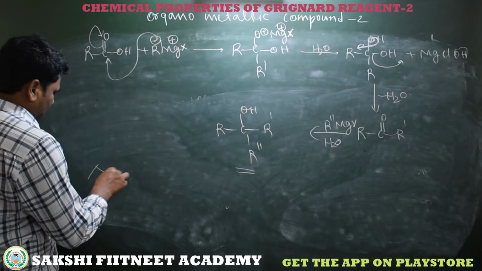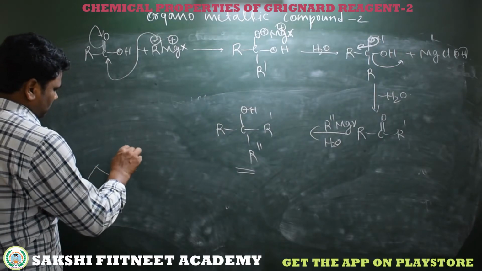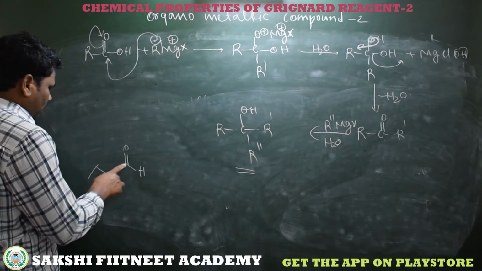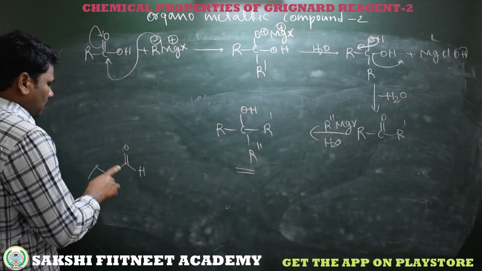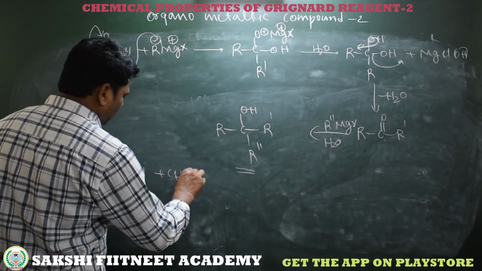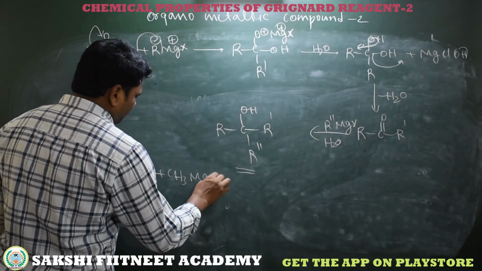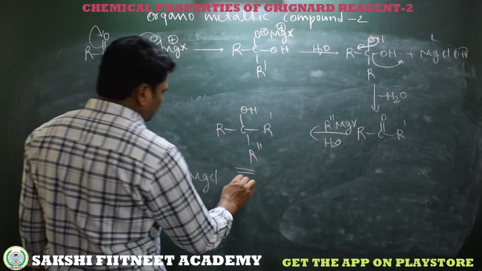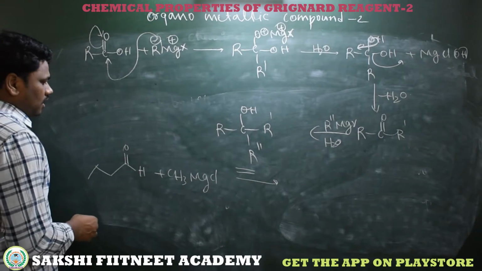Here I am taking this aldehyde, 1, 2, 3, 4. So it's butanal, that is butanal with this Grignard reagent. See here, aldehyde with a Grignard reagent gives secondary alcohol.